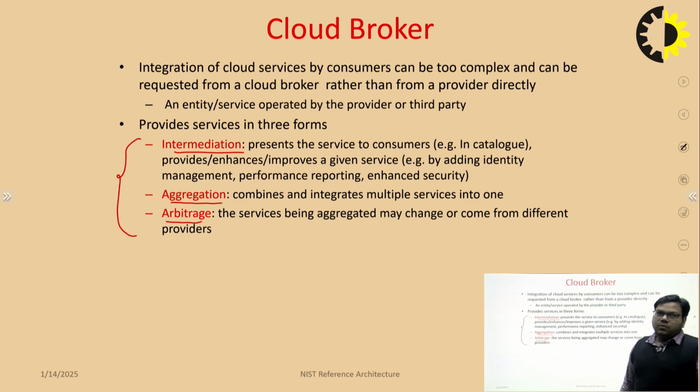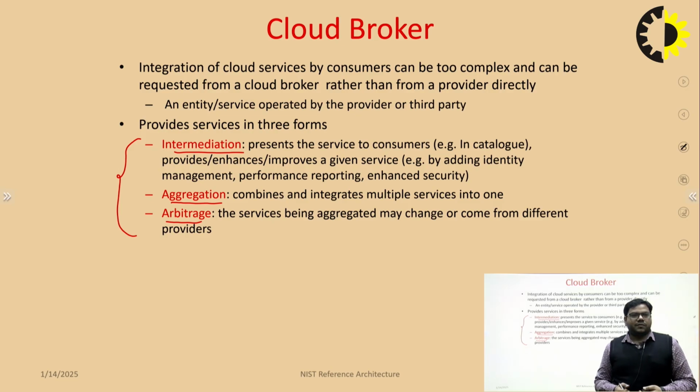Arbitrage is a model where the cloud broker can place the services of the cloud service provider into multiple markets with multiple price reference models, so it can take advantage of the price difference in multiple markets.